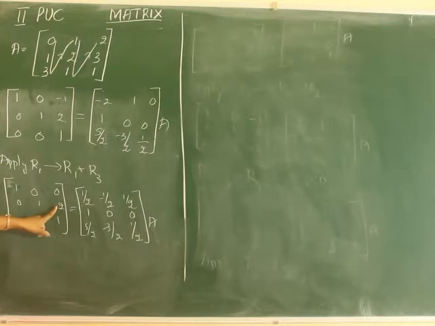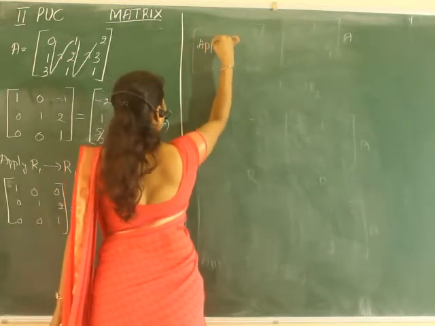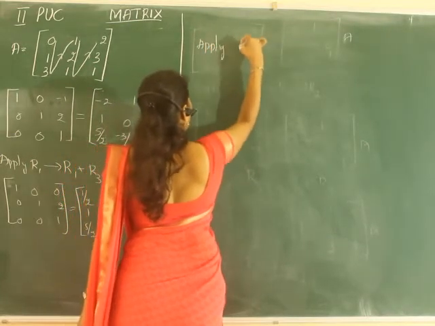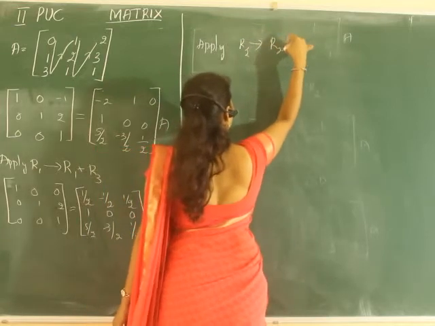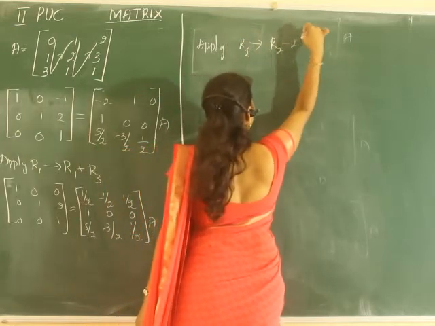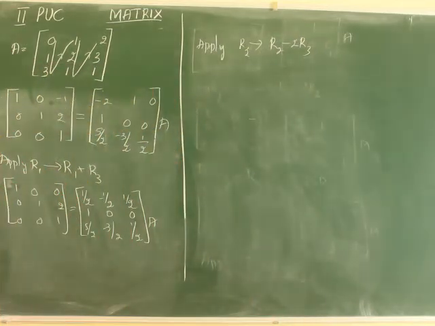Applying R2 changes to R2 minus 2 into R3. So what can I get now?